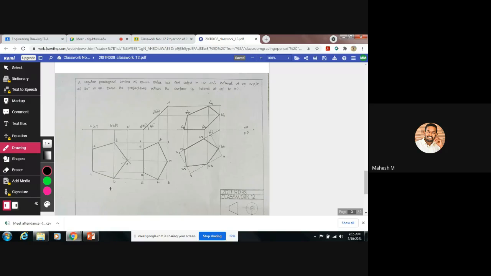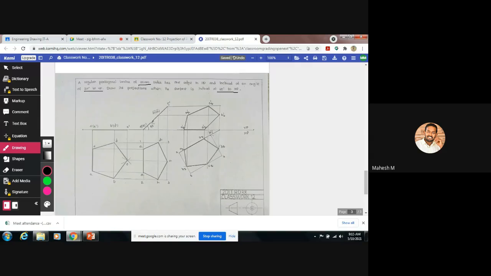So for this, I will award 19 marks, because there is a common mistake, that you should mention the dimensions that are given in this problem. So here I am having 30 mm side value and 30 degree to VP and 45 degree to HP. These are all the 3 dimensions available in this problem. So you should mention all the dimensions.